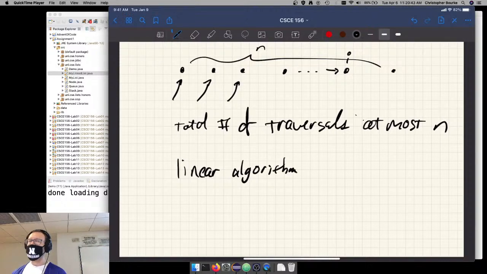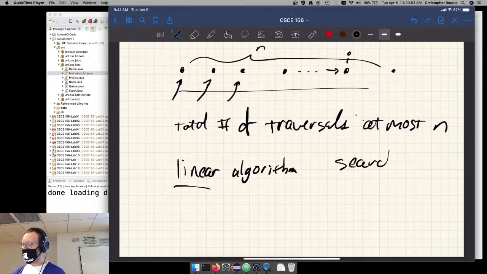And hopefully you recognize it from Computer Science 1. What do we call this algorithm right here? We call it linear search. Right? And this is why we call it linear search. In other words, the time complexity of this one can be captured by a linear function. There are still some constants sitting out front here.